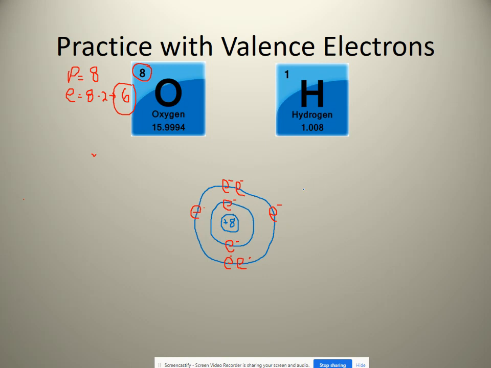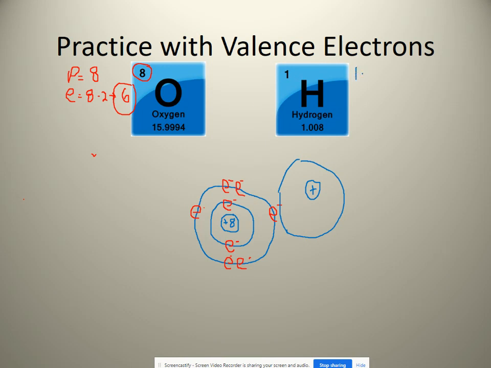And so hydrogen comes in really well with this. So hydrogen, if I were to draw it, is going to have 1 proton. We oftentimes call this a proton because it just has 1. And then it only has 1 energy level. Okay? And how many electrons does hydrogen have?